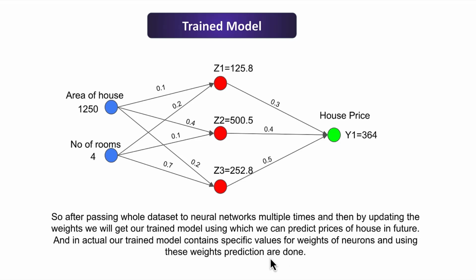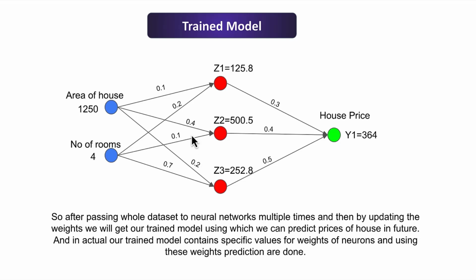So when we say that we have trained our model using deep learning or a neural network, then in actual we mean that we have found the correct values for these weights, and we have found these values by passing input data to the neural network, and after that updating the weights by comparing the predicted and actual value.